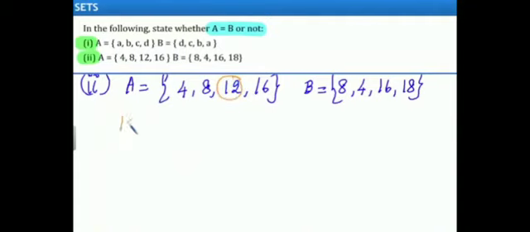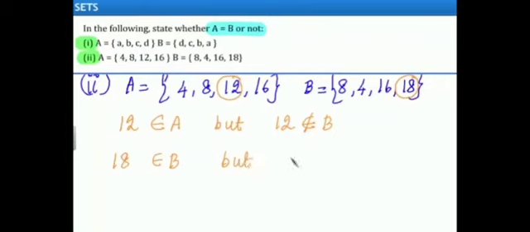So here 12 is in A, but 12 is not in B. So 12 belongs to A, but 12 does not belong to B. Same, 18 belongs to B, but 18 does not belong to A. Hence the given sets are not equal. A does not equal B.